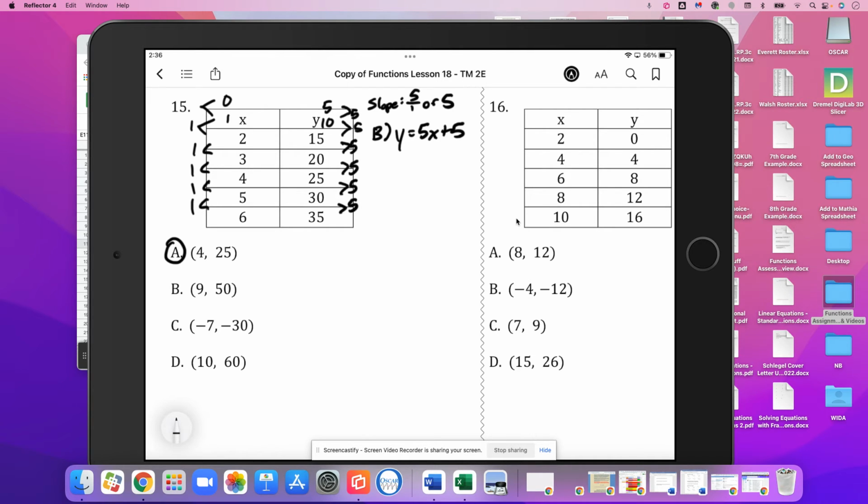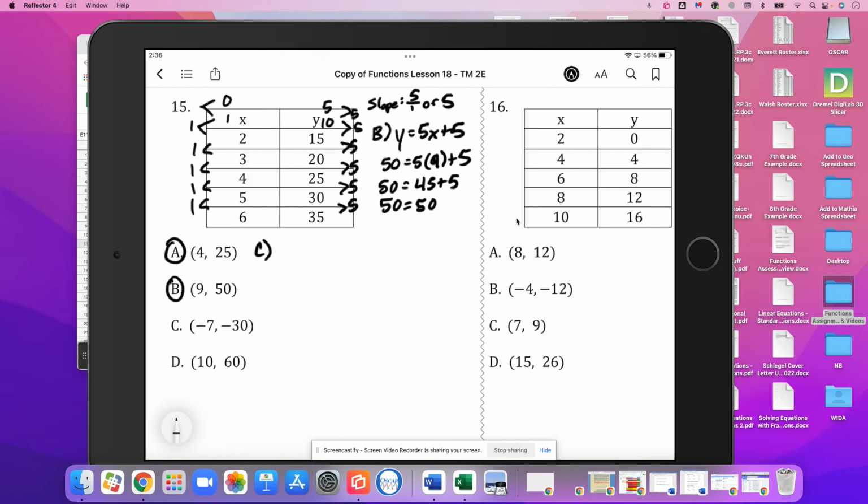And so 50 is equal to 5 times 9 plus 5. 50 is equal to 45 plus 5. The answer there is yes. 50 is equal to 50. So B satisfies the function.